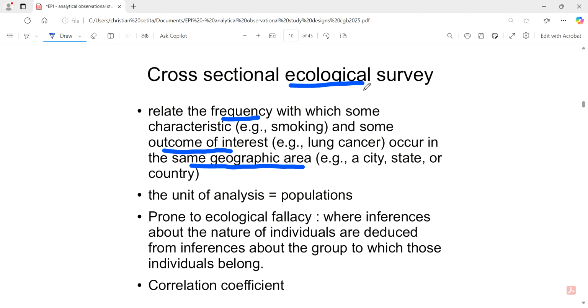The unit of analysis in ecological surveys is the population. However, this is prone to ecological fallacy, where inferences about the nature of individuals are deduced from inferences about the group to which those individuals belong. And the measure of association that is used in ecological surveys is the correlation coefficient.